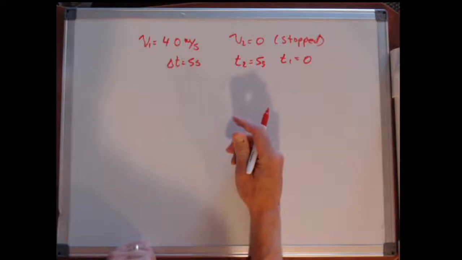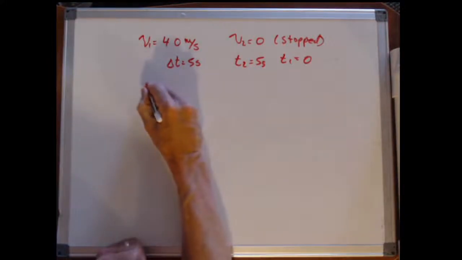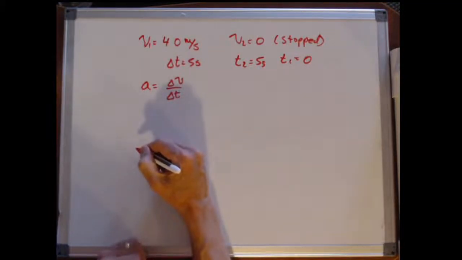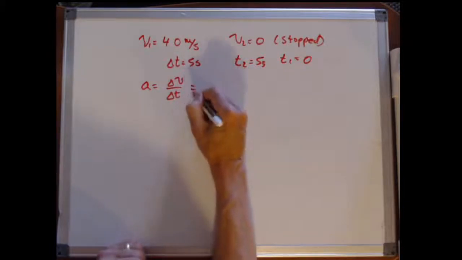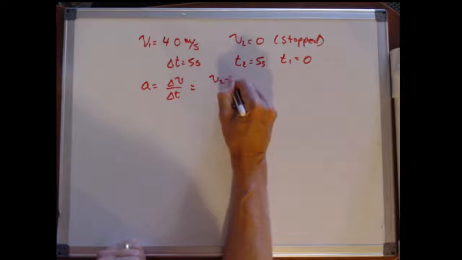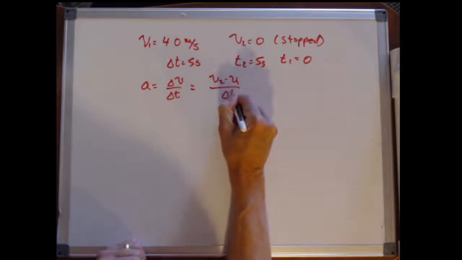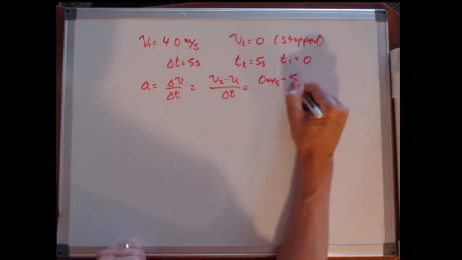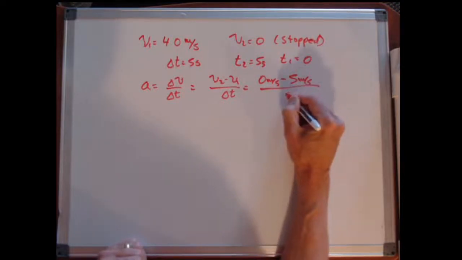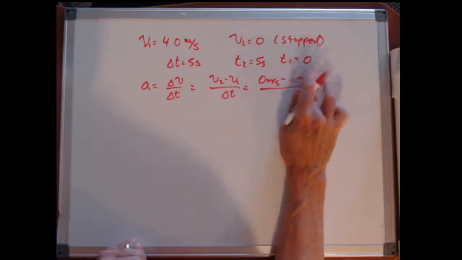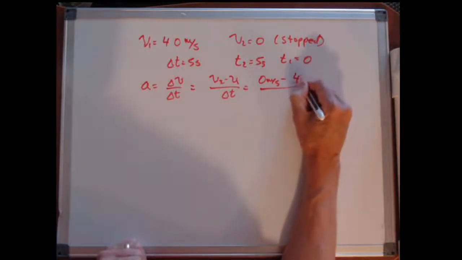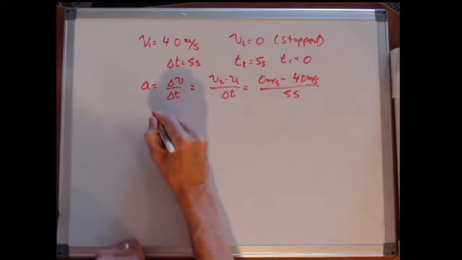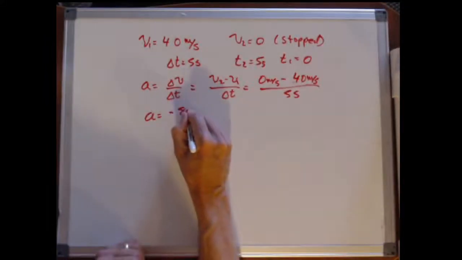But I won't need that because it's asking what the acceleration is, and the acceleration is the change in velocity divided by the change in time. I have to be careful because the change in velocity is v2 minus v1. And v2 is 0, so it's 0 meters per second minus 40 meters per second, divided by delta t, which is just 5 seconds. And so the acceleration is minus 8 meters per second squared.